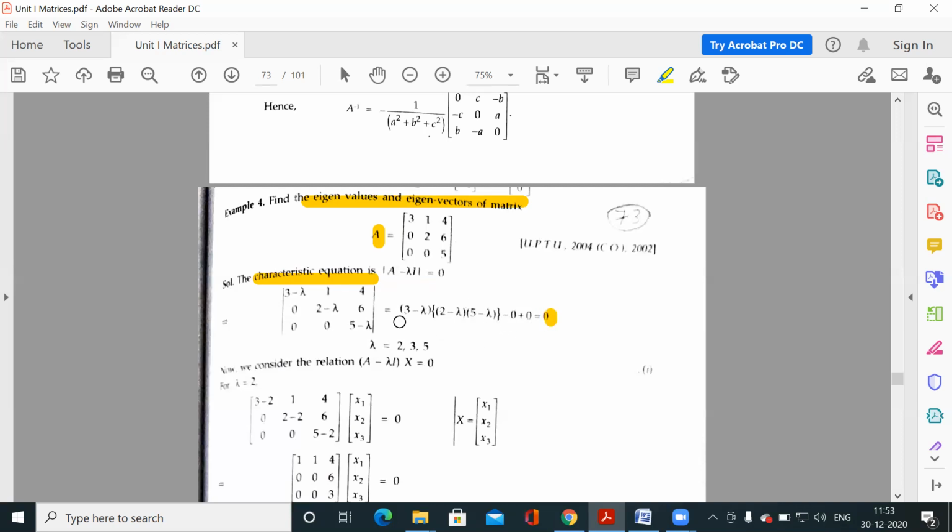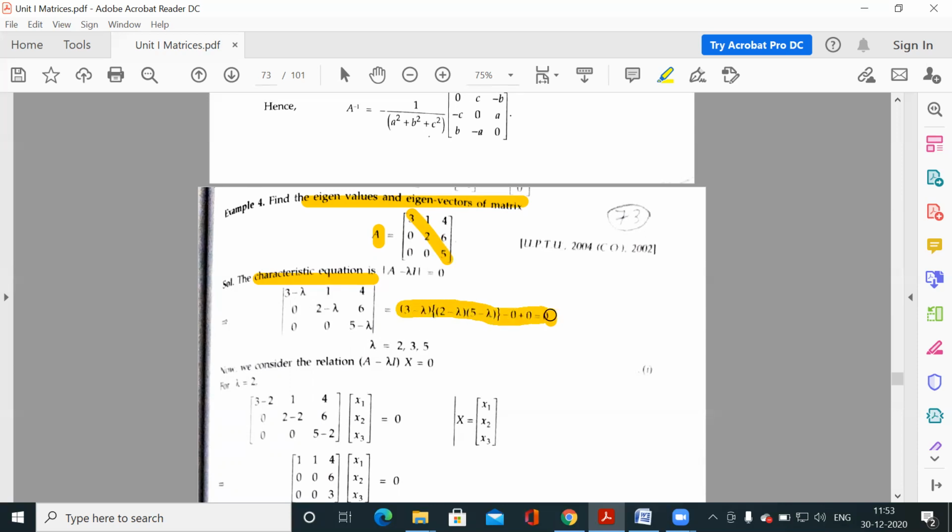And I told you one remark that for an upper triangular, lower triangular or diagonal matrix, the eigenvalues are the diagonal elements of the matrix. So 3, 2, 5 are the eigenvalues. If you don't remember that remark, there is no problem, because you just have to solve this equation: (3 minus lambda)(2 minus lambda)(5 minus lambda) equals 0.